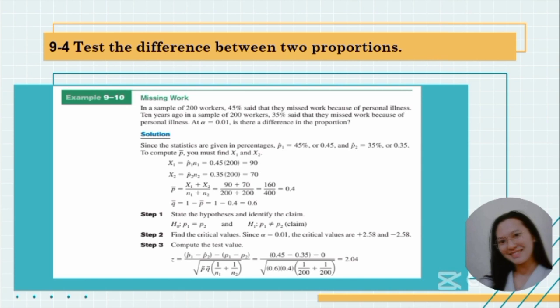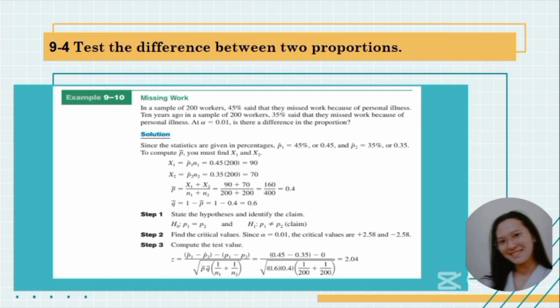X sub 1 is P hat sub 1, 0.45, times N sub 1, 200, which equals 90. X sub 2 is P hat sub 2, 0.35, times N sub 2, 200, which equals 70.